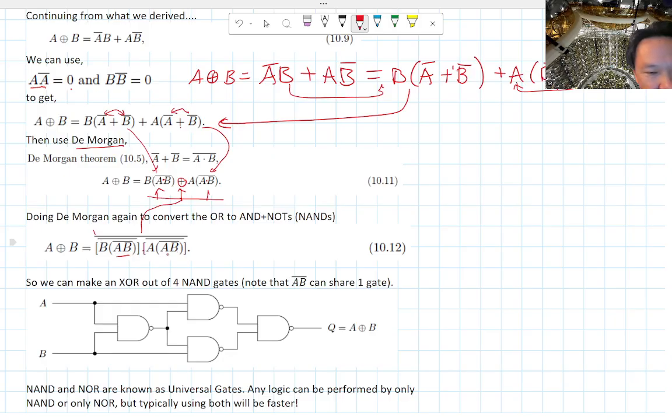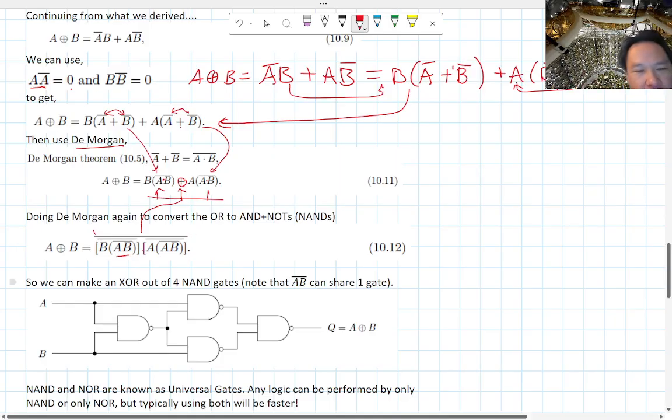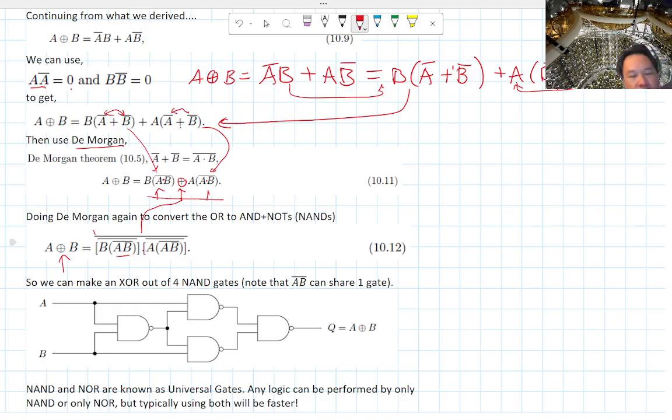Okay, but instead of NANDing with B the second time, we NAND with A, and the result of those two intermediate outputs gets NANDed together. That is equivalent to an exclusive OR gate.